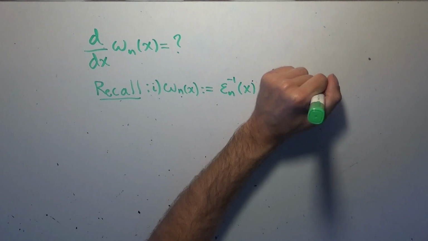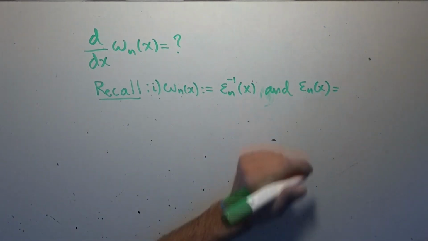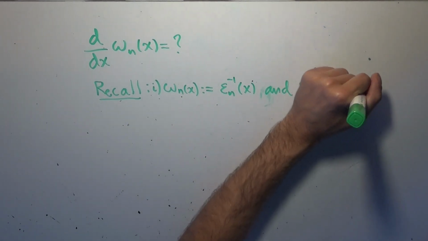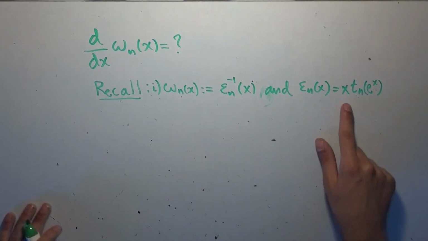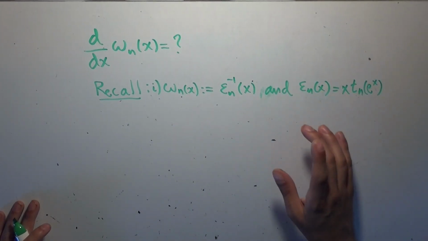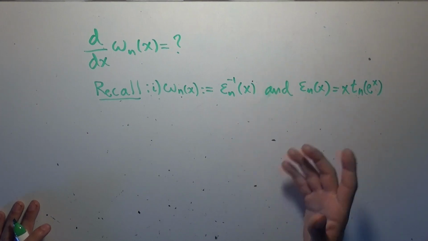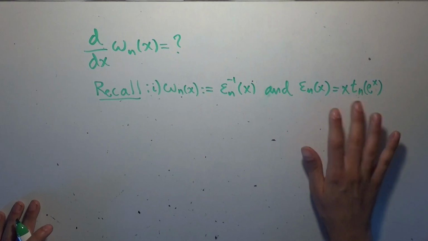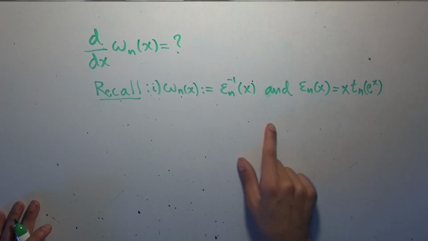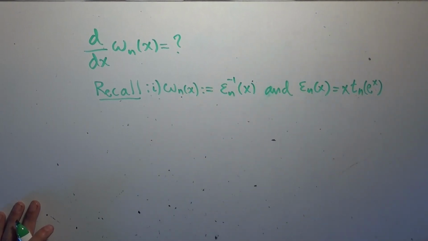Epsilon n of x is equal to specifically x times the nth tetration of e to the x. It's a generalization in terms of power towers of the function that has W as an inverse. So the first tetration of e to the x would just be e to the x. We would get x times e to the x, and so epsilon 1 has the inverse omega 1, which is in particular the Lambert W function.